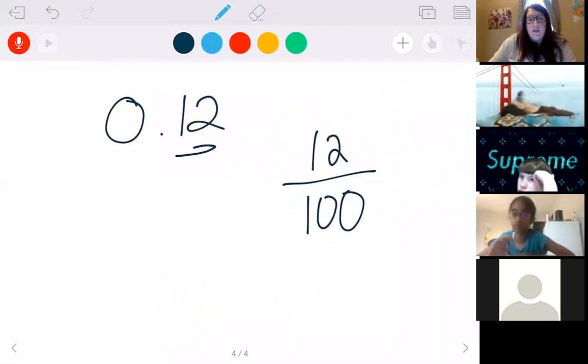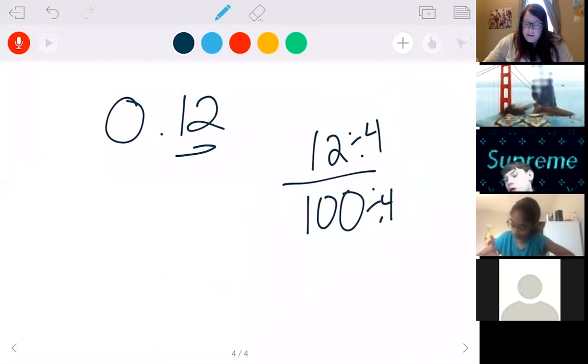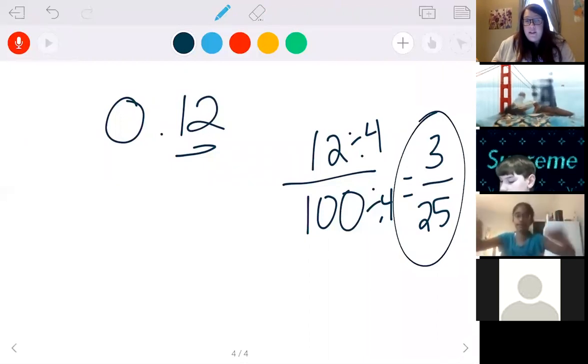It has to be reduced. So I can divide both of these by 4. 12 divided by 4 is 3. 100 divided by 4 is 25. You get 3/25. Okay? So all you have to remember is what place it's in, tenths, hundredths, thousandths.